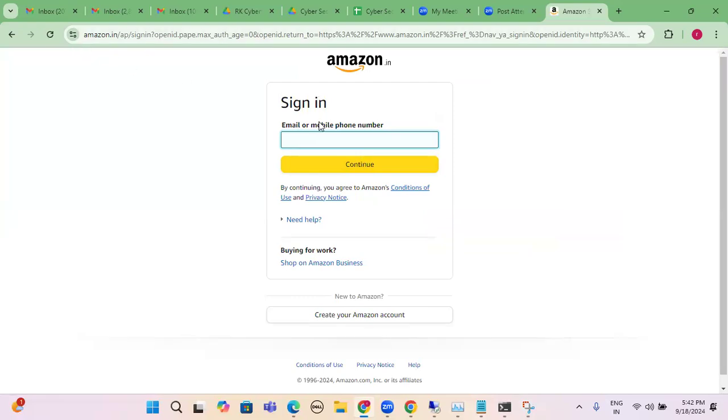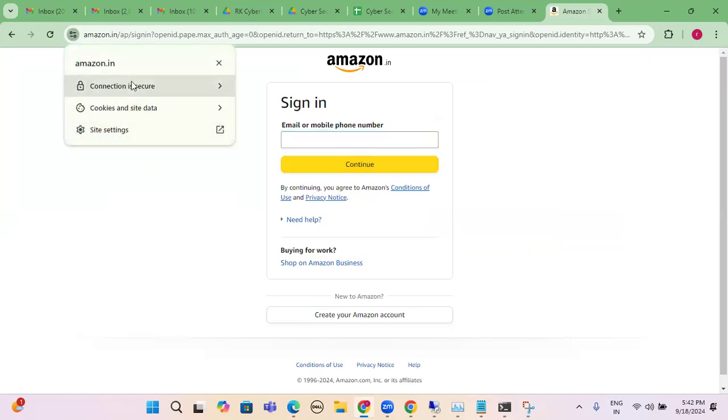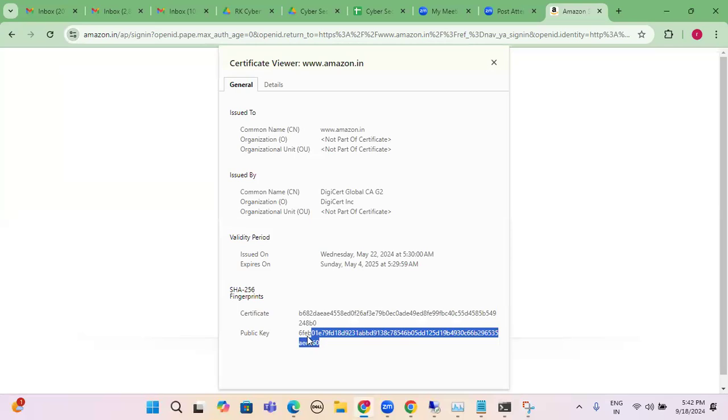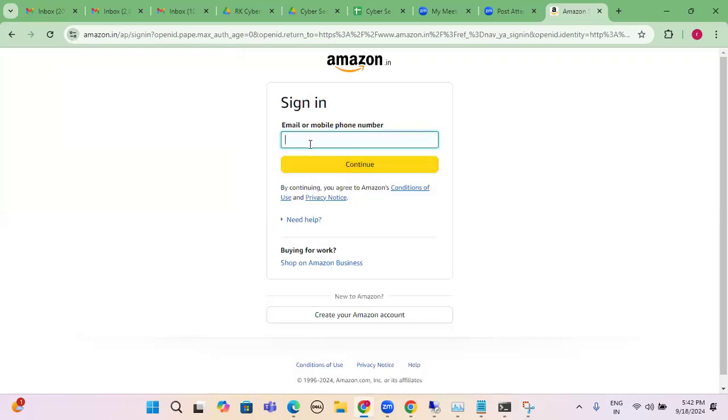That is clear text. How will that clear text become encrypted text? Based on this public key. This public key is shared by the Amazon backend server with me, and whatever data I am entering, either email address or phone number, it will be encrypted using that public key.